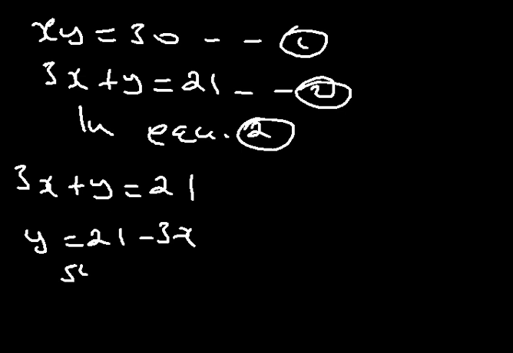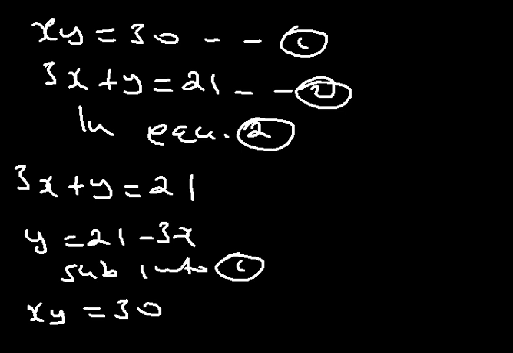Then I will substitute into equation 1. We have x times y is equal to 30. Where there is y, we put 21 minus 3x. So we have x(21 - 3x) equal to 30.